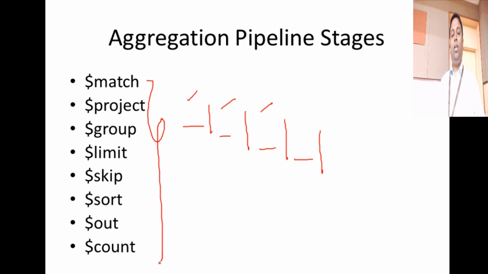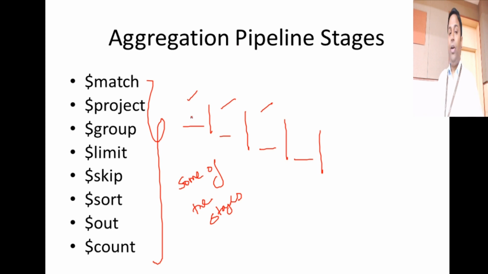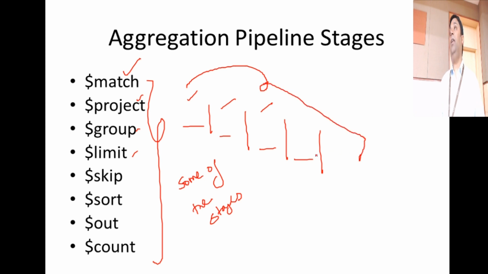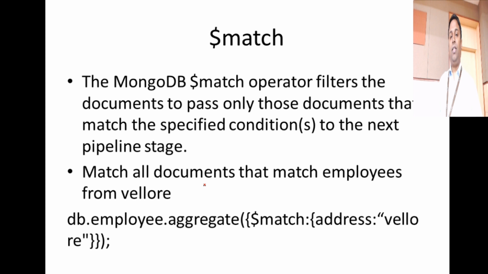Whatever you are seeing on the board, these are some of the stages, not all the stages, in the aggregation pipeline. So what we are going to do now is understand what each stage does independently, and then we'll put these things together and see how this particular aggregation pipeline works. Okay, we'll start with the first stage, $match.